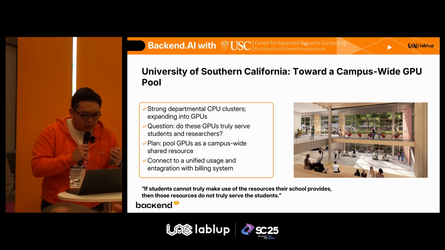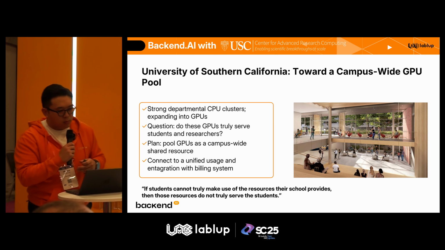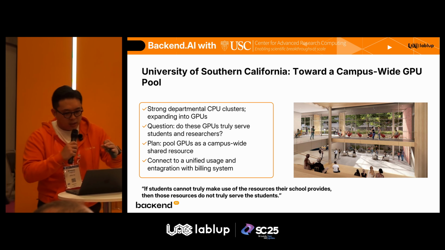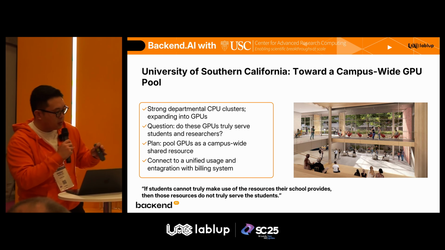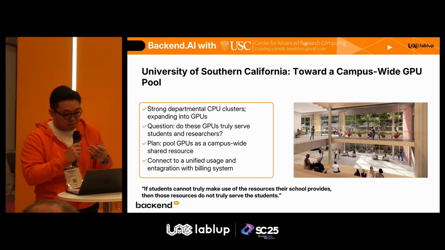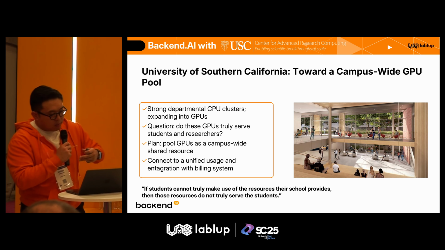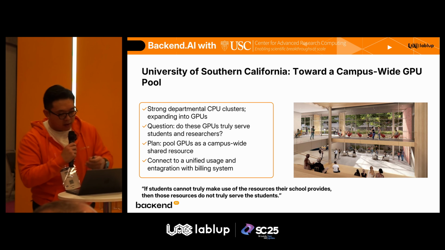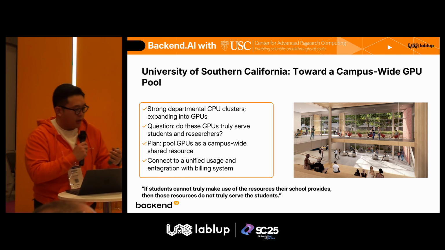So using Backend.AI, the USC CARC team is moving toward consolidating the GPUs of each lab by department into a campus-wide shared pool, managing it through a single platform for courses and research, with whatever environment they require.